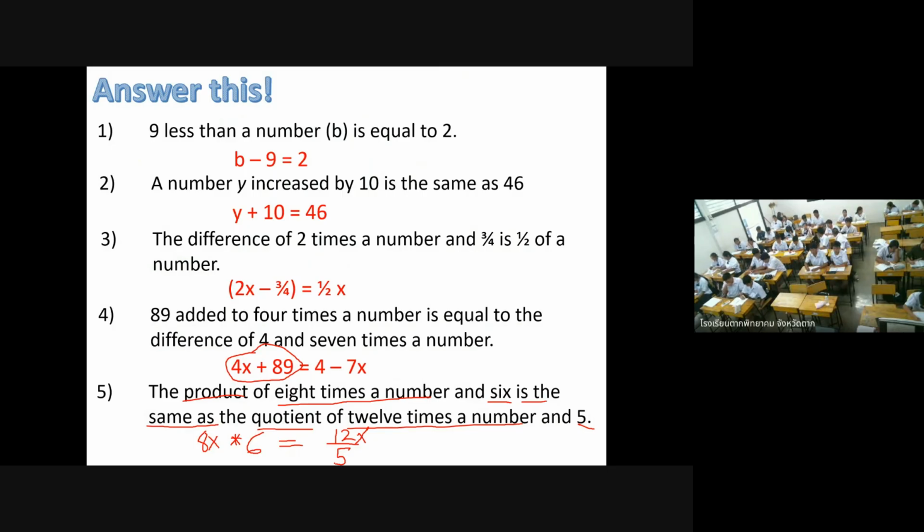8x times 6 is equal to 12x over 5. Who got 5 points? 5 points, very good. 4, that's good. 3, not bad. 2, that's bad. 1, 0.